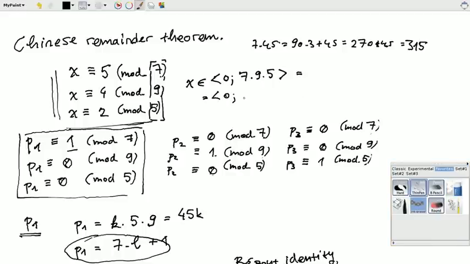Okay, so x is between 0 and 315, not inclusive. Sorry, my error. So the maximum possible value for x would be 314.